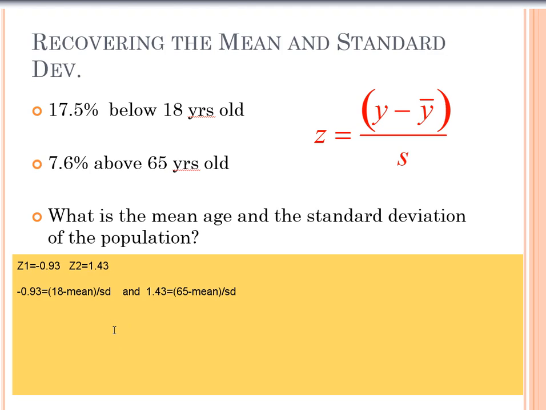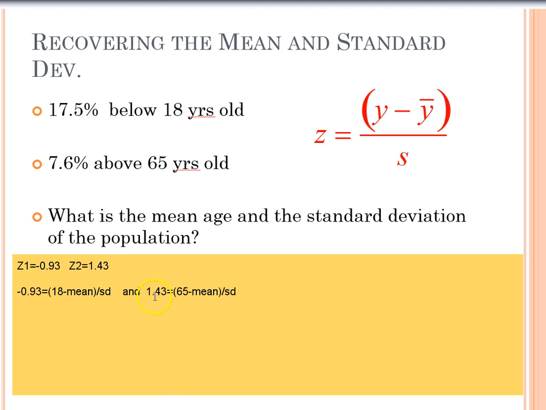So the next thing that we're going to do is plug our z-scores into the z formula. Remember that this negative 0.93 is associated with an age of 18, and that is the observation that we put first. Then we subtract the mean and divide by the standard deviation. These are the two things that we're trying to find, so we'll just leave those as the definitions for now.